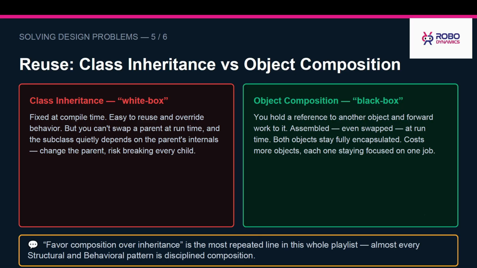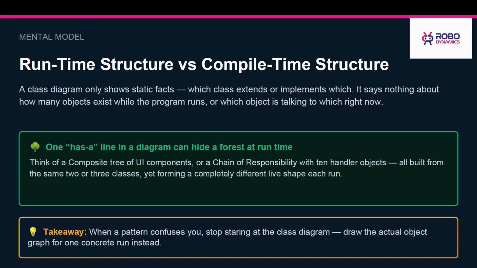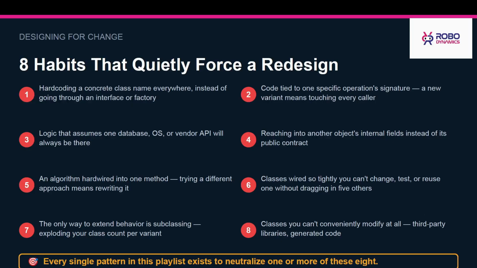So composition is favored anytime. There are other topics like delegation and generics that you should also use extensively so that you can solve design problems. Yeah. So, okay, what are the 8 habits that quietly force a redesign?